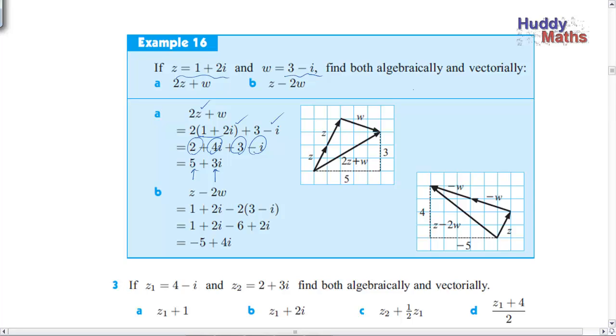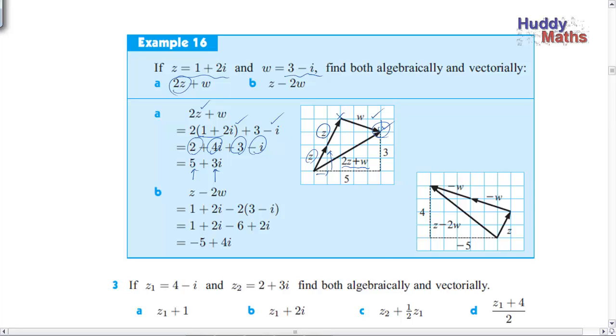And if we did it vectorially, 1 plus 2i, well first of all 2Z, so if we plotted 1Z, 1, 2, and then 2 displacements of that takes us up to here, and then if we add W, which is 3 take i, so it's down there, then the final displacement is there, which would be the sum of the two vectors, 2Z plus W.